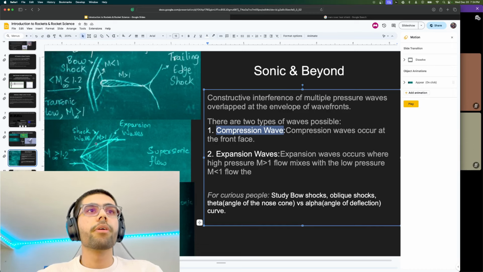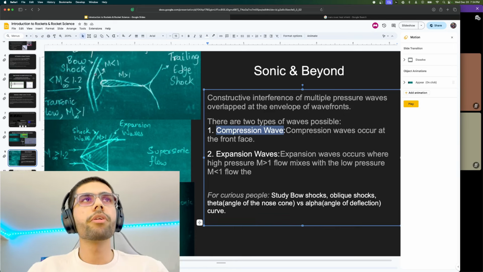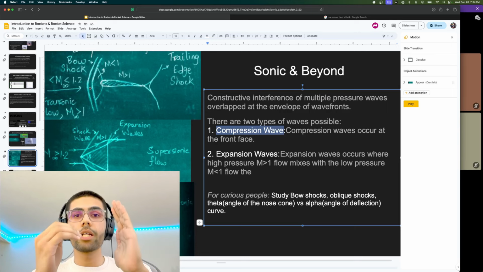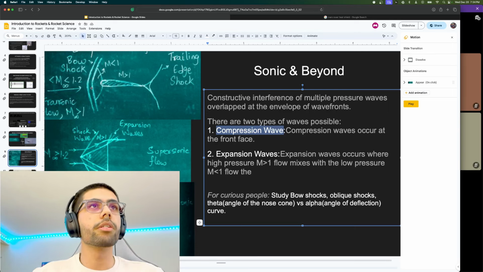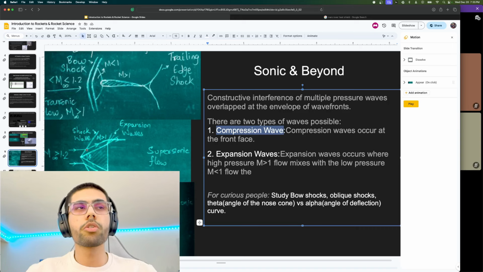There's not much difference between bow shocks and oblique shocks. The only difference is that a bow shock is detached from the object itself. There's a distance between the shock wave and the object. But in an oblique shock, the shock wave is attached to the object.